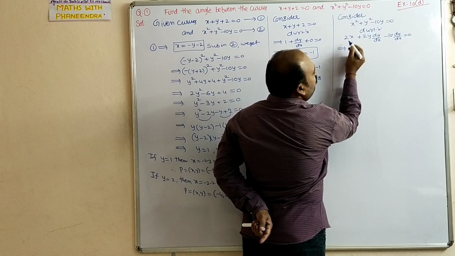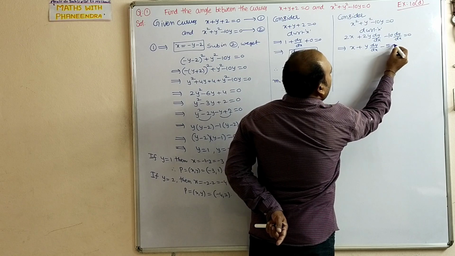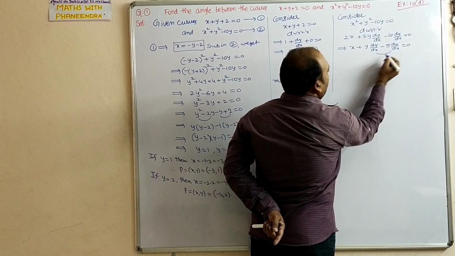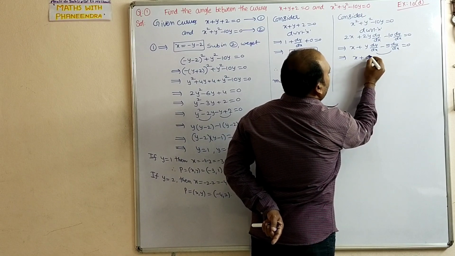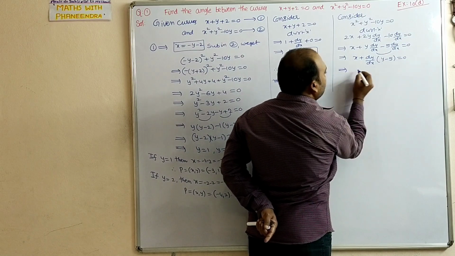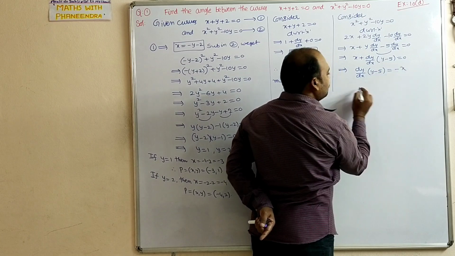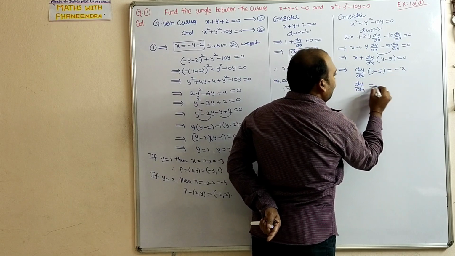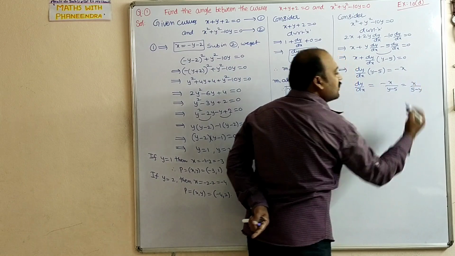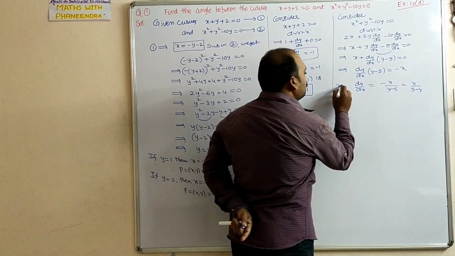So in each and every term 2 take common and cancel. It will become x plus y dy by dx minus 5 into dy by dx equal to 0. So now dy by dx take common from these two: x plus dy by dx into y minus 5 equal to 0. That implies dy by dx into y minus 5 equal to minus x. dy by dx equal to minus x by y minus 5. That also can be written as x by 5 minus y. If you remove minus here, these two will be interchanged.